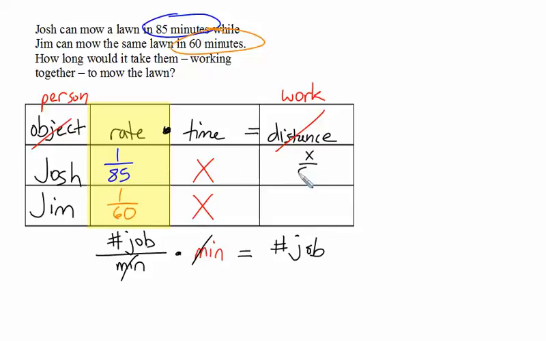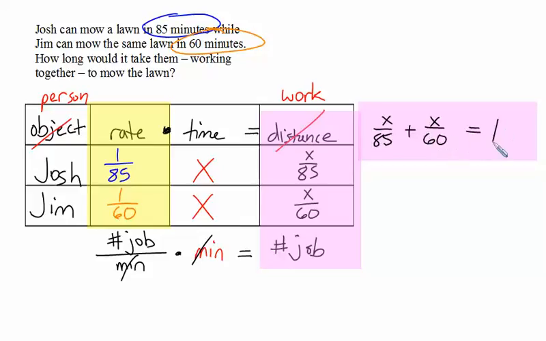This would be x over 85, and this would be x over 60. The key to this problem is to realize that combined, they are going to complete one job. So x over 85 plus x over 60 equals the one job they work together.